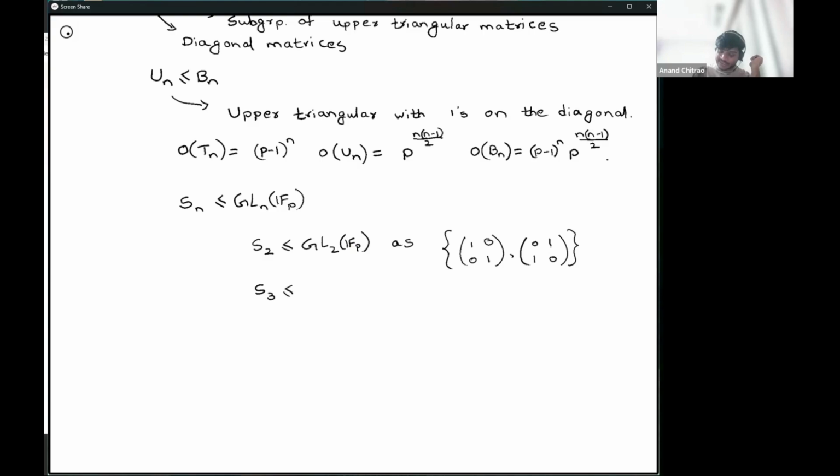S3, how do you see S3 as a subgroup of GL3(Fp)? You start with the identity matrix, then you take all the permutation matrices. Let me see if I can write those.